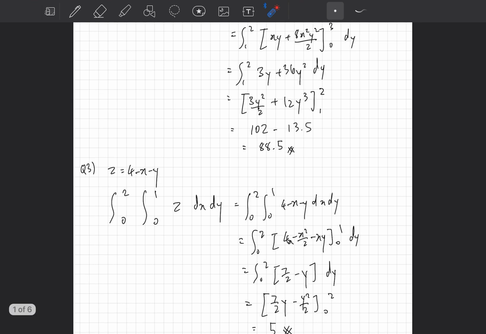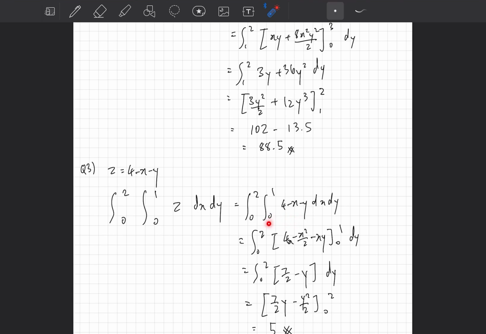So question 3 is to find the volume of the solid bounded above by the plane z equals 4 minus x minus y, and below by the rectangle of x and y, where x is 0 to 1 and y is 0 to 2. So this is the equation to find the volume.